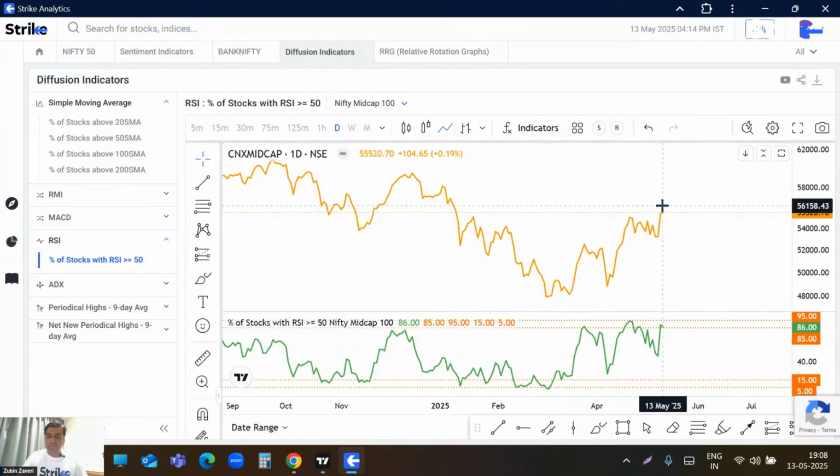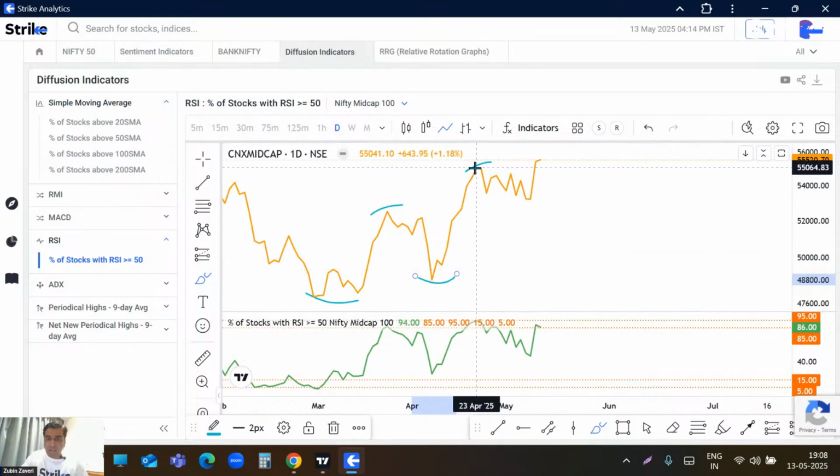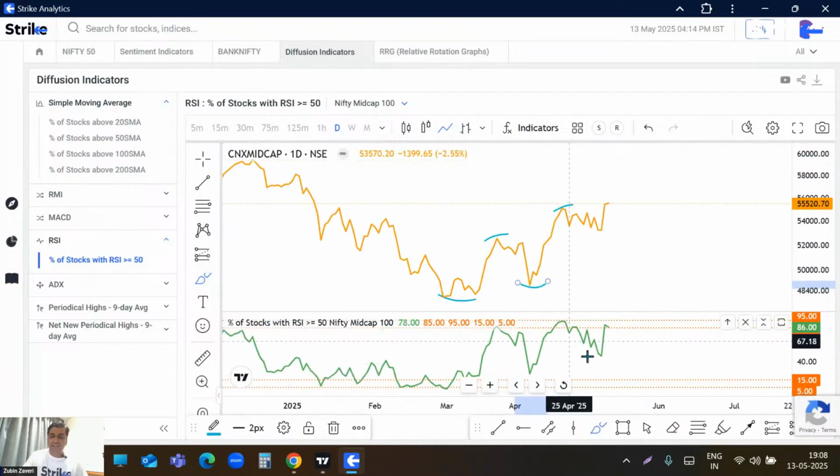Is the trend positive? Are we making higher highs, higher lows? So yes, this was a high, it is a higher high, this was a low, this is a higher low. Now, has this high been taken out? Yes. So we are still in an uptrend, and when in an uptrend, you can choose to ignore the overbought levels.